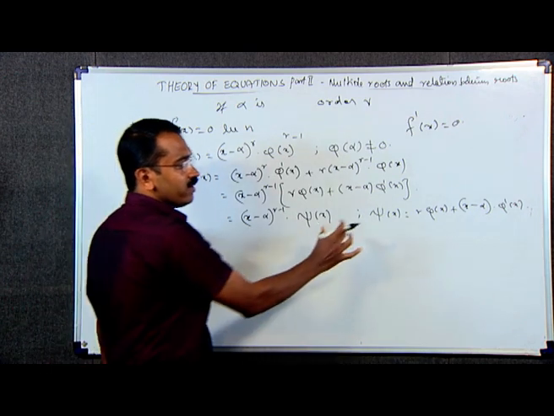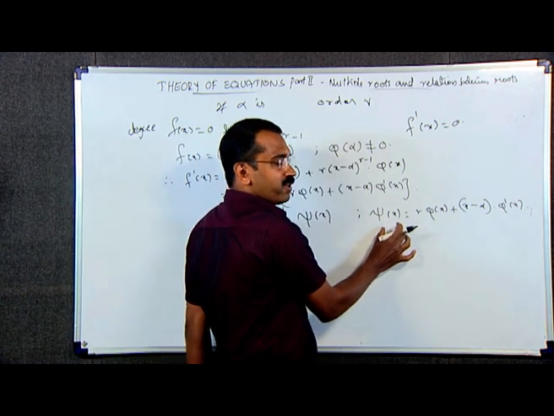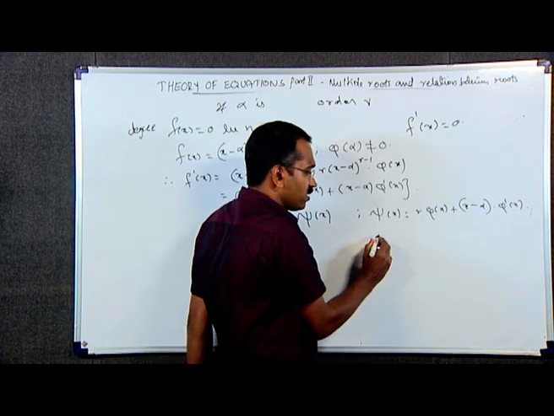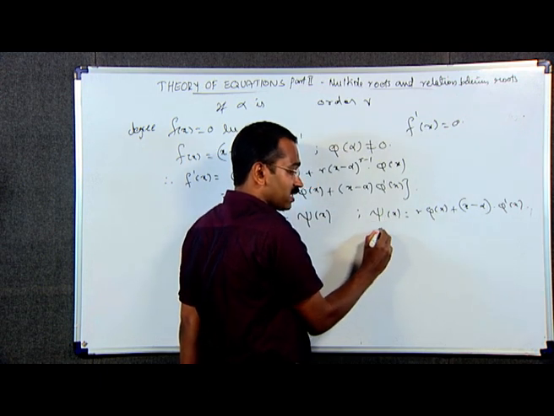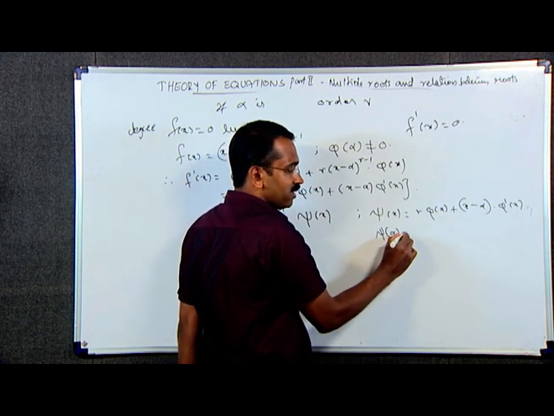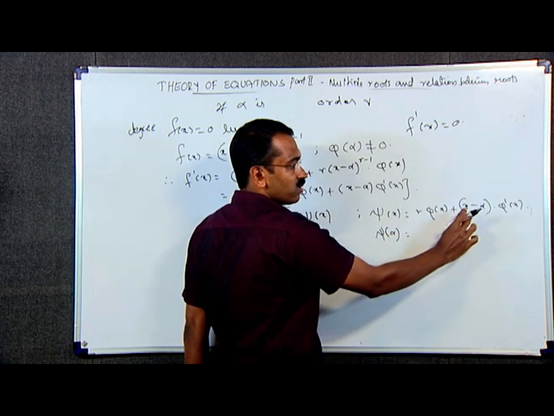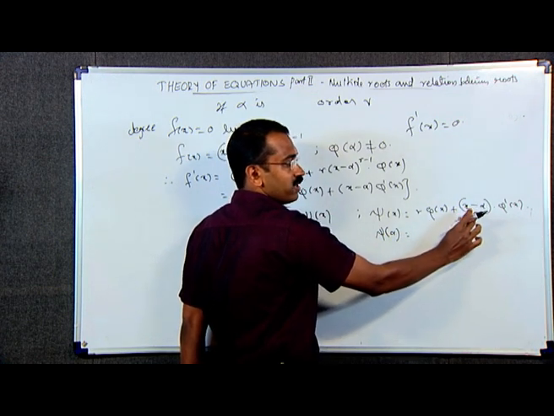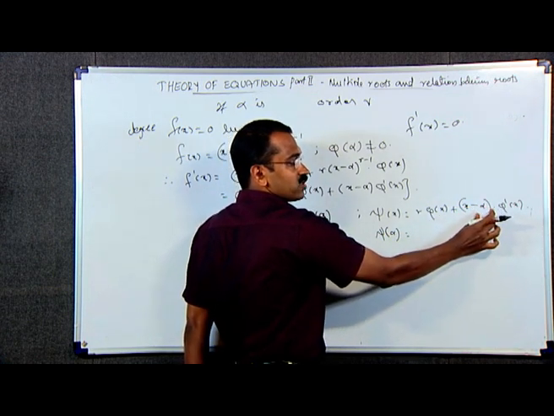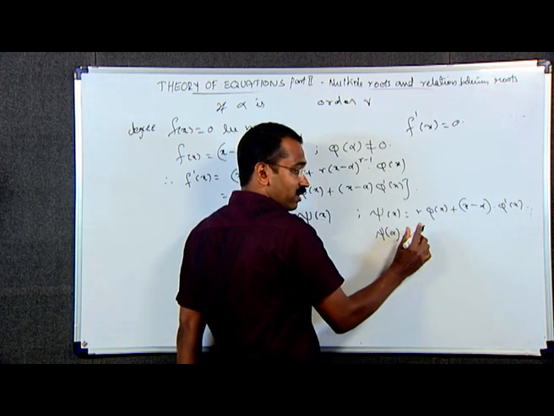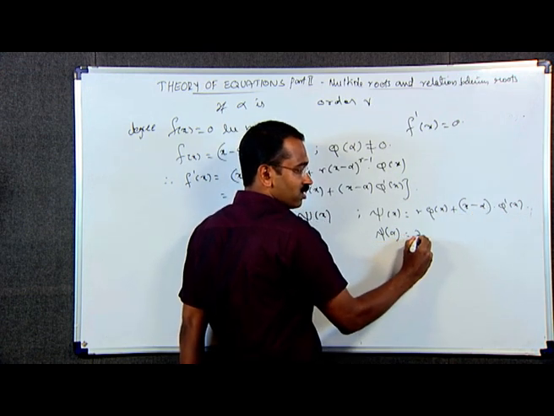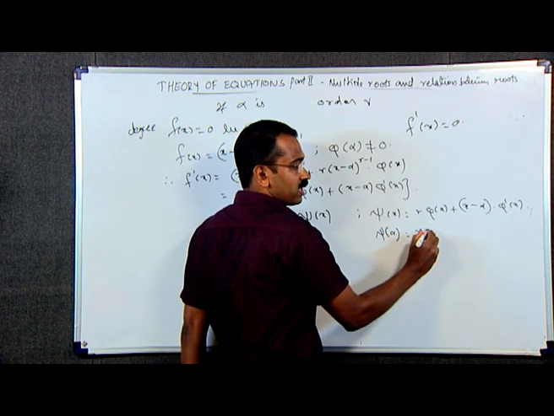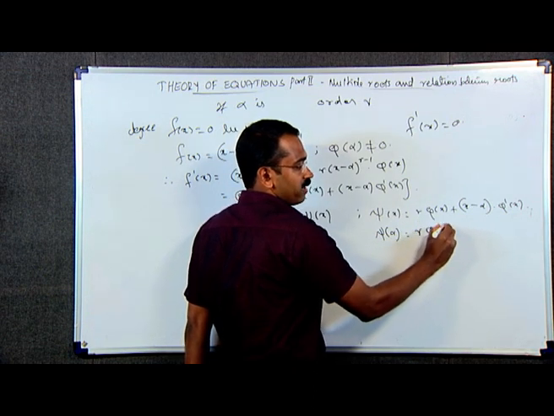Clearly, from this psi of x, we can say that psi of alpha is not equal to 0, because for x is equal to alpha, this term will become 0. Psi of alpha is equal to r into phi of alpha.